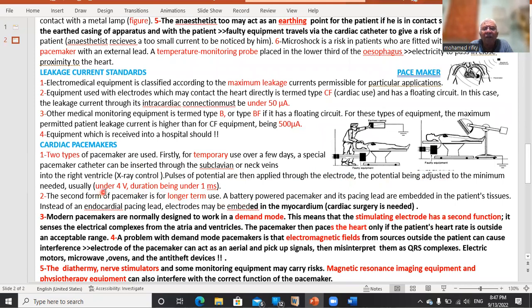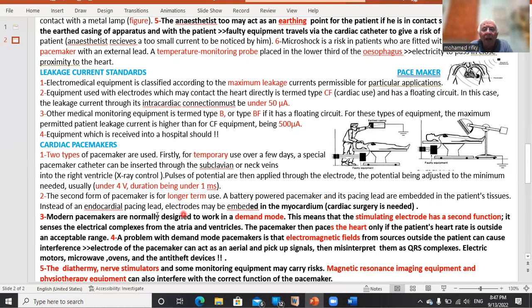This pulse is under 4 volt and for 1 millisecond, inducing pacing. For a longer period, we use cardiac surgery where we insert a battery and electrodes embedded in the myocardium.